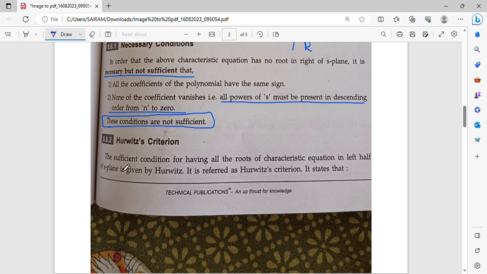In the case of Hurwitz's criterion, we said that the sufficient condition for having all the roots of a characteristic equation in the left half of the S plane is given by Hurwitz.